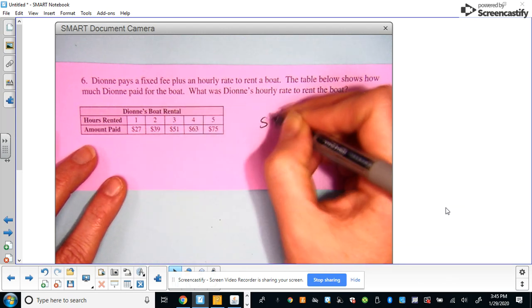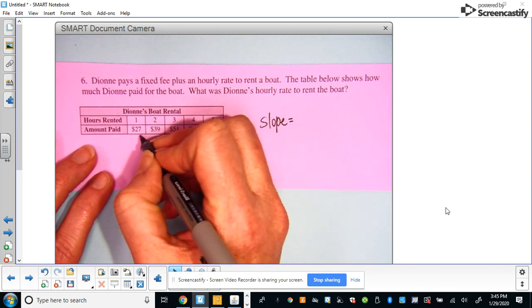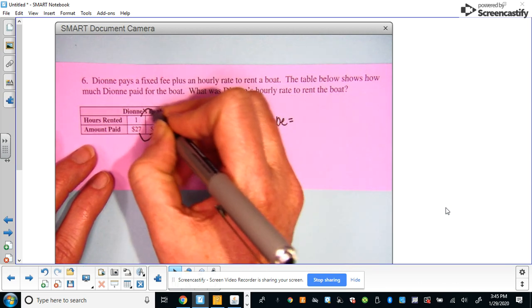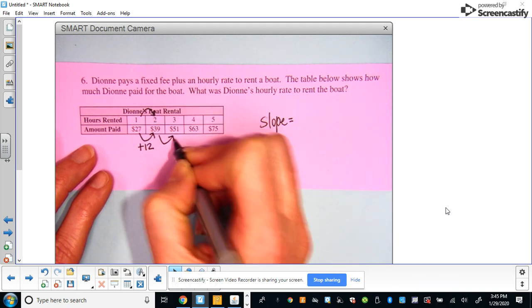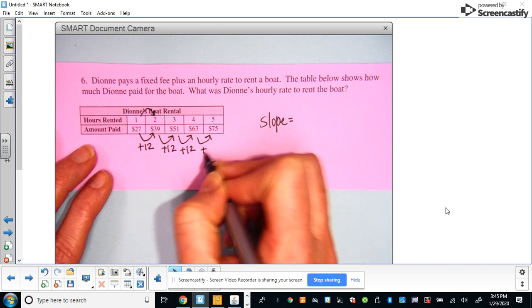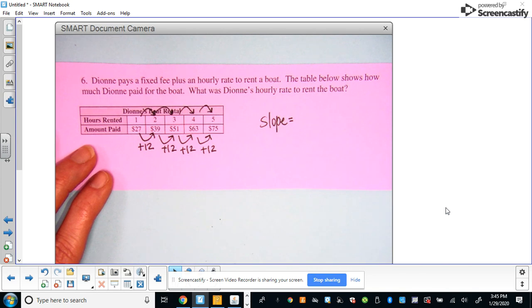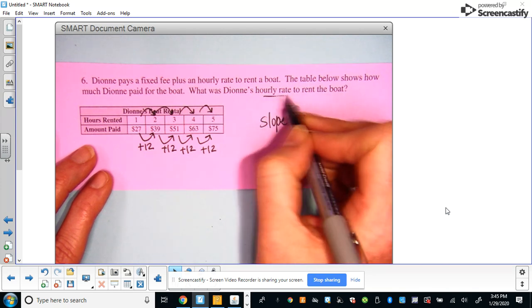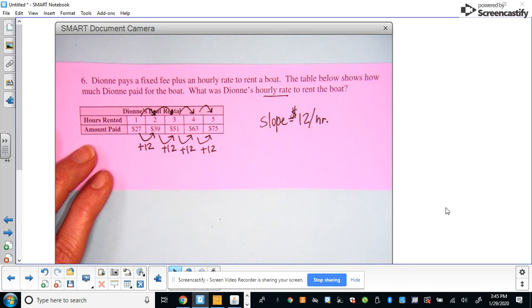For slope, it's again your change in y over your change in x. Looking from here to here, it looks like I'm adding $12 every time, for every hour I go up. One more hour, one more hour. Therefore, the hourly rate is $12 per hour.